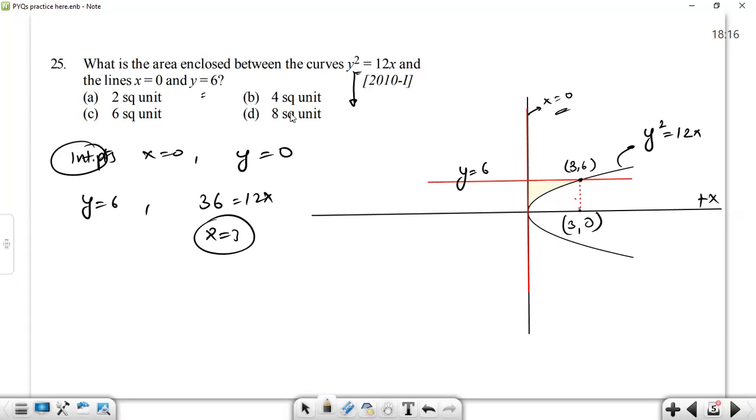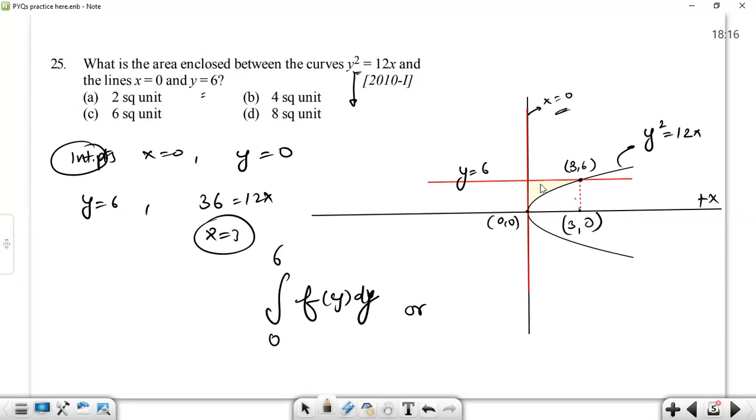So we can go with two methods. One is that we can simply integrate the function of the parabola in terms of y, so that we'll be able to find the area under the curve with the y-axis. Then we have to integrate the function in terms of the y variable from 0 to 6.